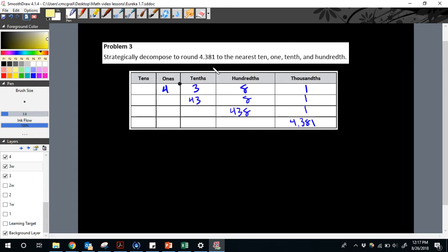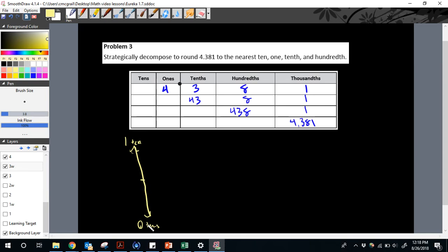It says first to round it to the nearest 10. So I'm going to draw my number line, and I'm going to look in my tens column. And I actually don't have any tens. That's 0 tens. So at the bottom, there's going to be 0 tens, and then up at the top, there's going to be 1 ten. And then I'm going to mark my midpoint.